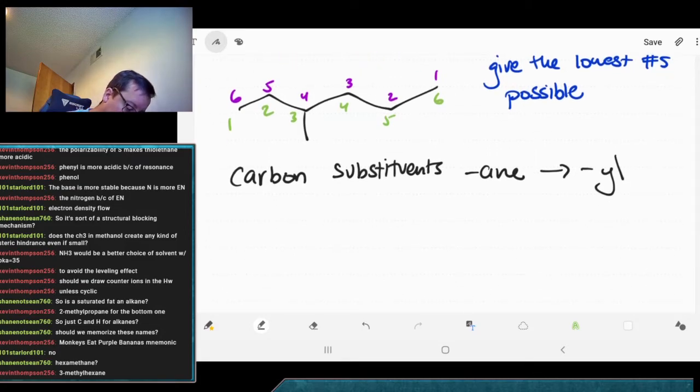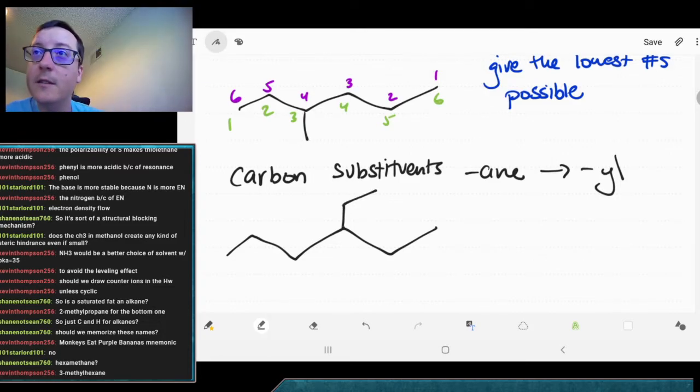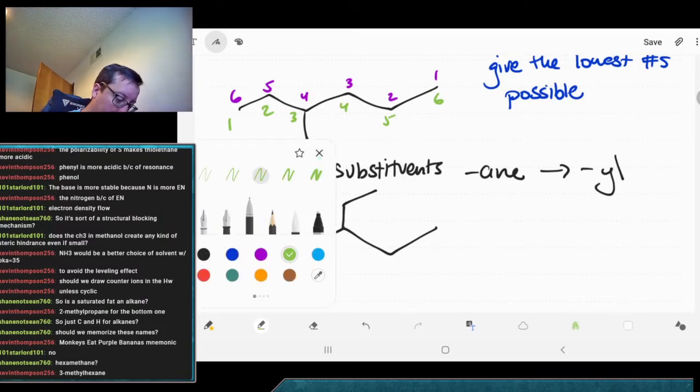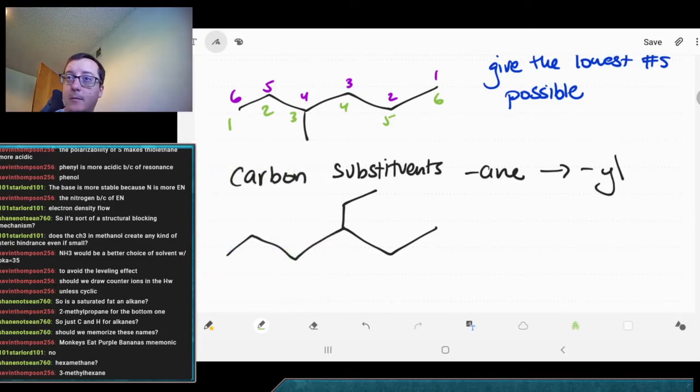If I were to take now this, if we were to identify our longest chain here, we would see we have 2 options and they're equally good, right? We could say it's this one.